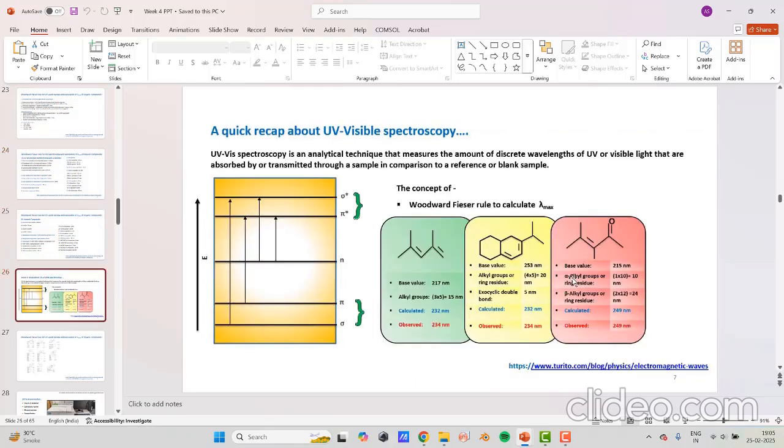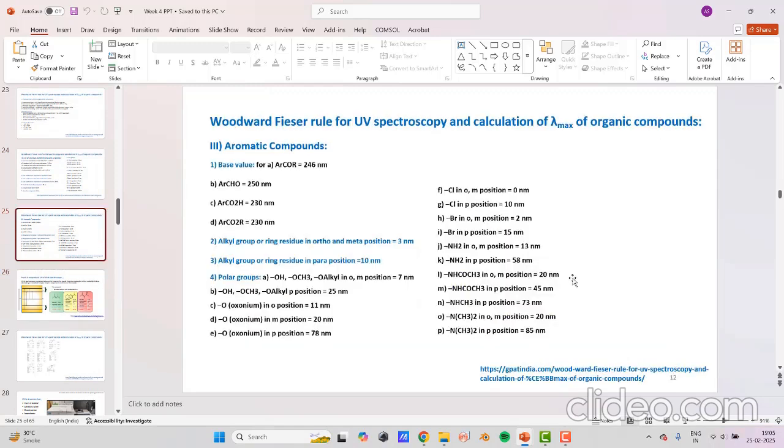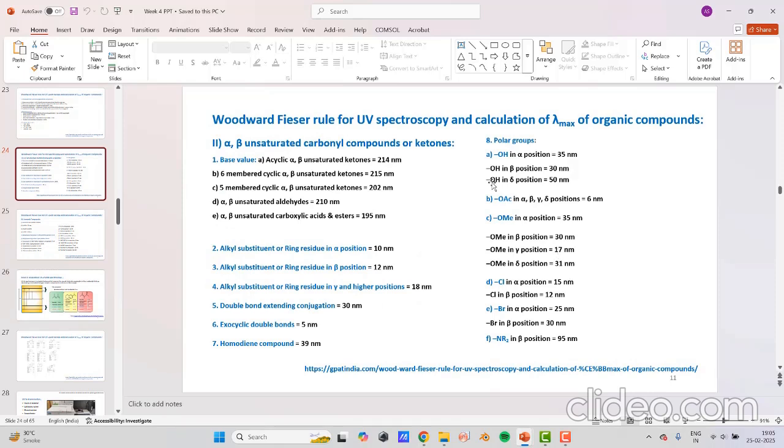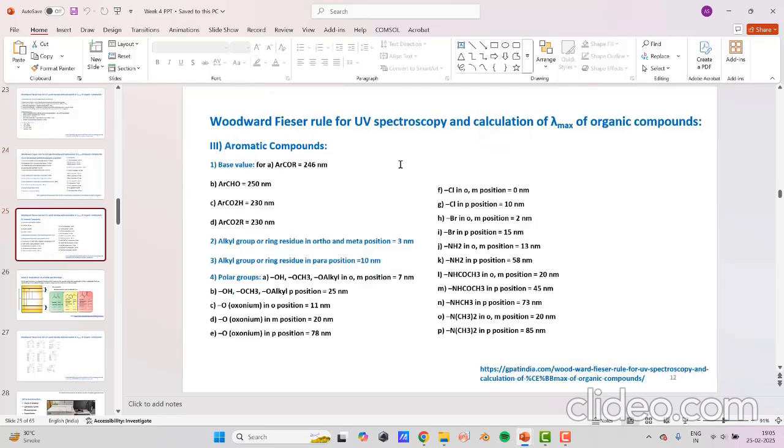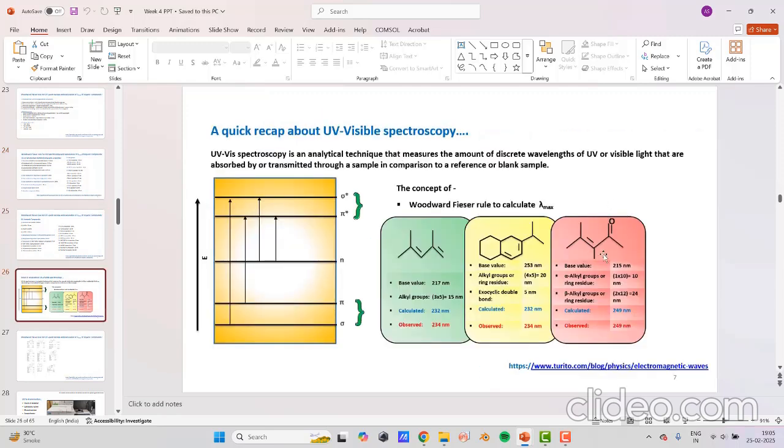Yeah, it's okay. The base value for this is 215. I'll go back to here. It is a six-membered cyclic alpha beta unsaturated ketone. The ketone group is here, and if you complete the benzene ring, it will give a cyclic structure.